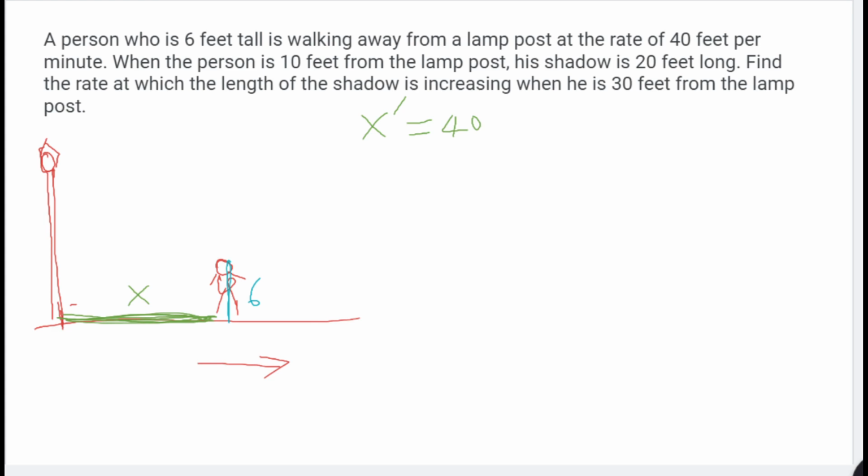So let's see. When the person is 10 feet from the lamppost, his shadow is 20. Shadow is involved. This is his shadow. Let's call this y.